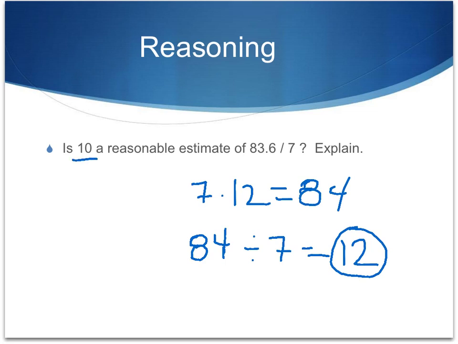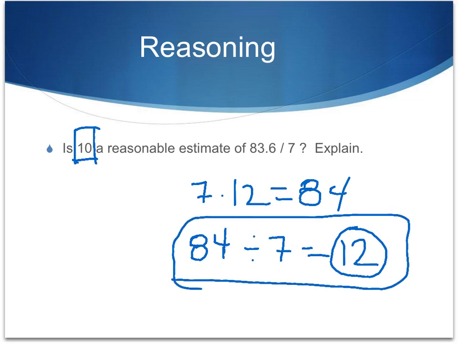Now, they came up with 10 as an answer. Here's a question: is 10 a reasonable estimate? And I would say, yeah, we could probably say 10 is reasonable because 10 is fairly close to 12. But if you had to pick which answer is closer to the actual answer, I would choose this one right here, as I did not round very much. I only rounded the 83.6 and I changed it to 84.